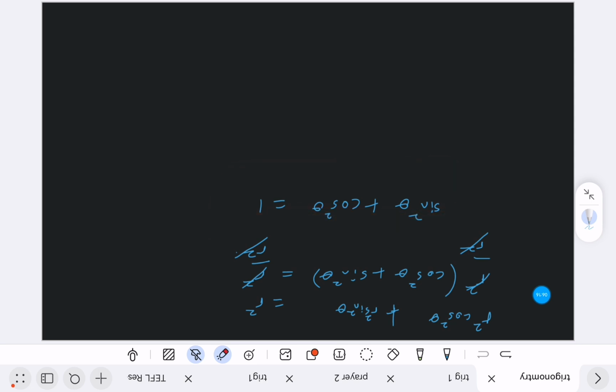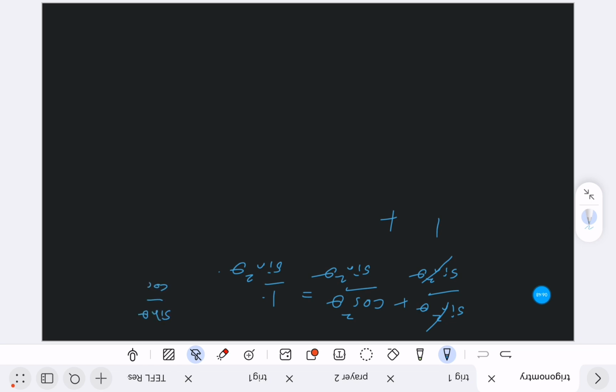Now from here we are going to find every other thing very simple. So let's do this right quickly. Sin squared theta plus cos squared theta is equal to 1. Let's try to divide all sides by sin squared theta. Okay, so by sin squared theta, by sin squared theta, by sin squared theta, we remain with 1 plus, what is cos out of sin? Remember, sin theta out of cos theta is tan theta. Okay, so how about if it was sin squared theta out of cos squared theta? It would be tan squared theta.